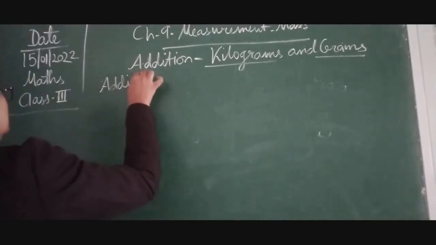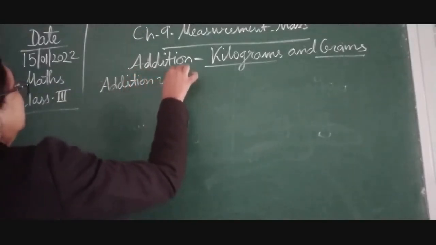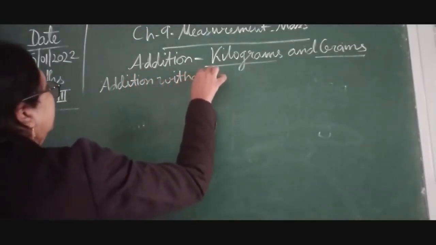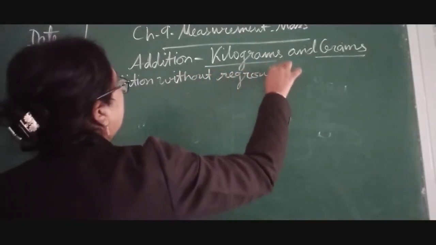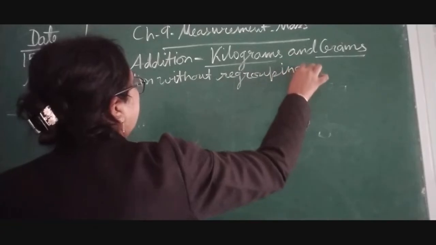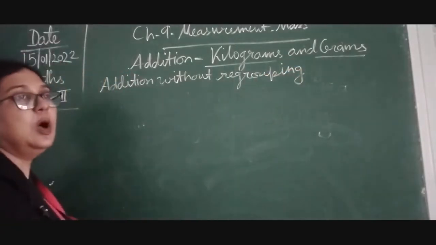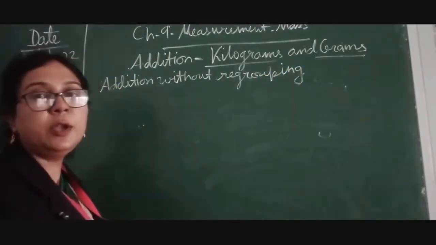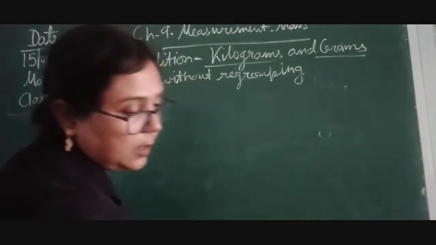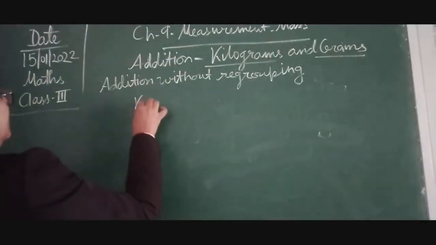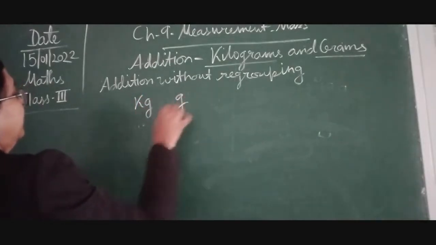Addition without regrouping. It means here you are not carrying any number to another number. Okay, we are not going to carry. So now we will add kg and gram.